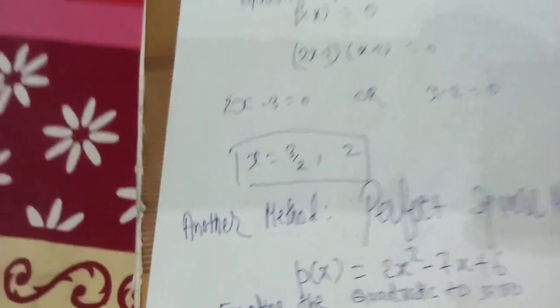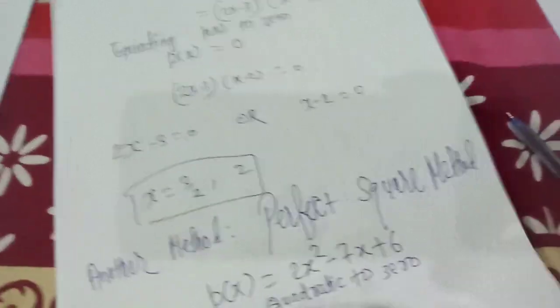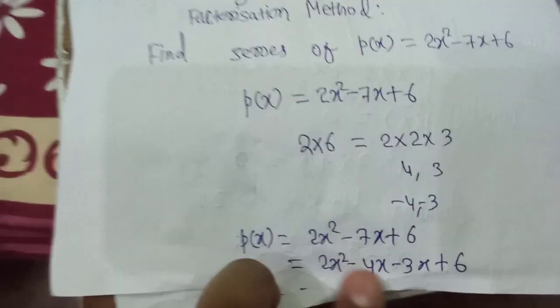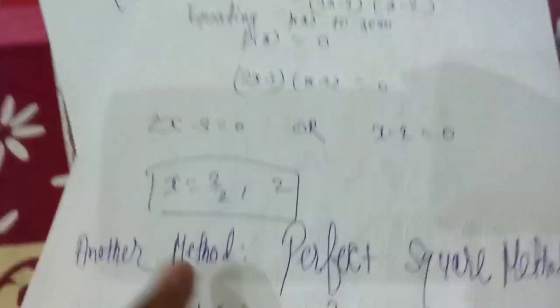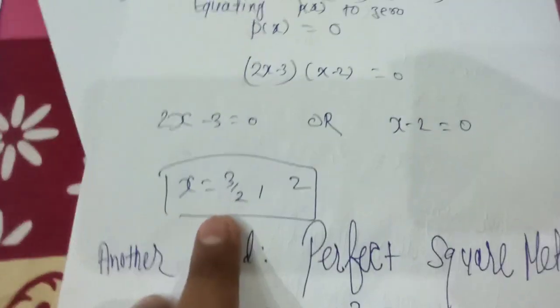That's it. We have basically two methods for finding the zero of a quadratic equation. First is the quadratic formula method, and second is the factorization method. Factorize the quadratic and equate it to 0, and we will get the zeros.